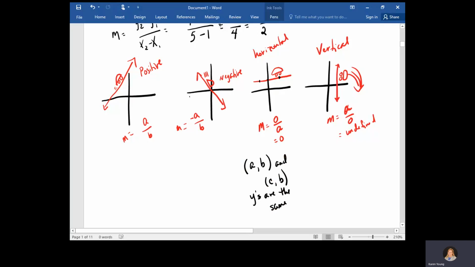For the vertical, I can have A and B again, and I'm going to have A and D. My x's are going to be the same because it crosses the x-axis at exactly the same point all the way through. All right, this will make sense. I'll do an example.